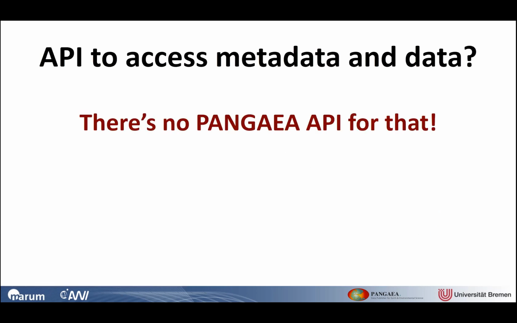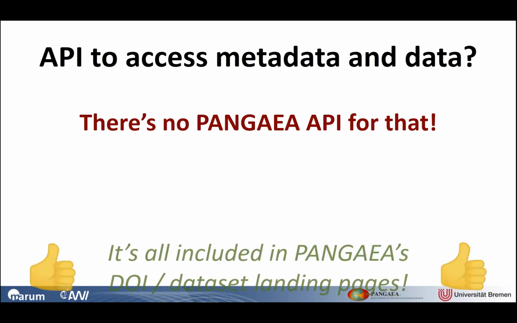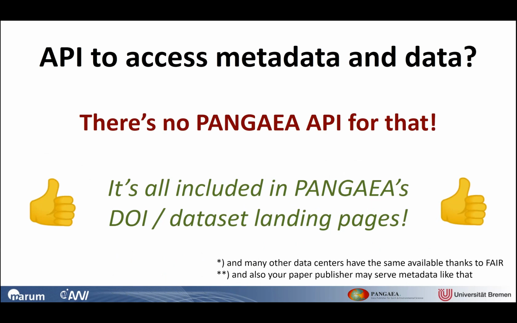So actually, we are talking about APIs today. Actually, there is no API for that because it's built into the landing pages itself. So this is not only for PANGAEA. You can do the same, for example, for other repositories, and also paper publishers might do that.